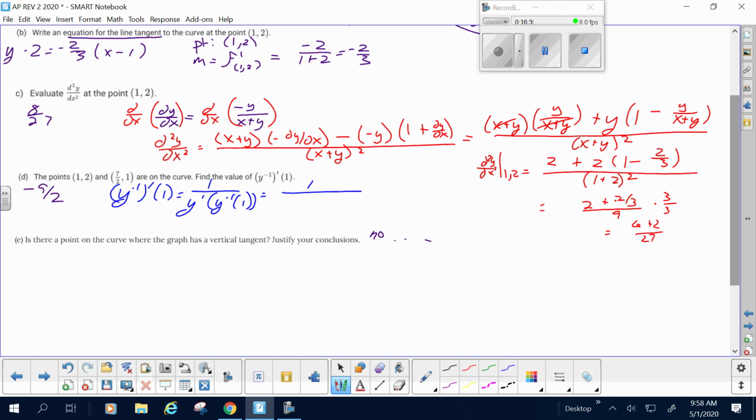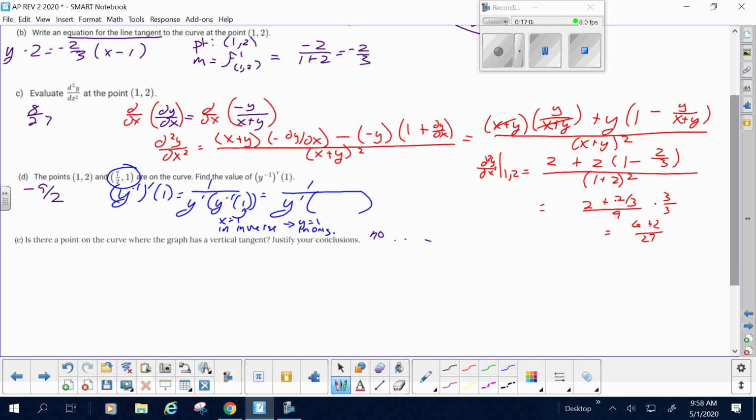And this one is harder because the derivative depends on x and y. So let's talk about what point we're going to go with. Now, remember, this is x equals 1 in the inverse. Well, that would mean you find a point where y equals 1 in the original.